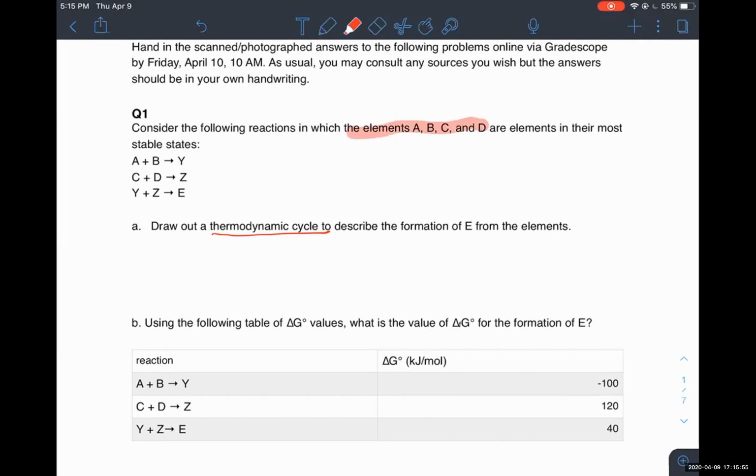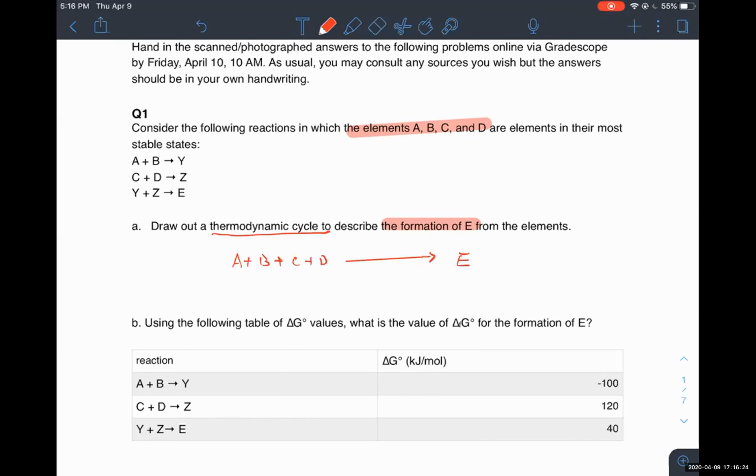We're given A, B, C, D, 4 elements, and we want to find the thermodynamic cycle for the formation of E.